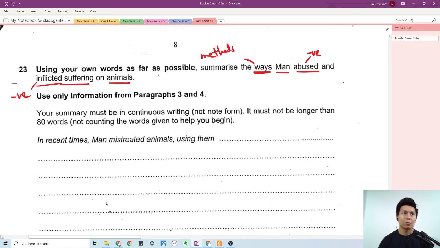But we know, later on when we are selecting points, we are looking at things that are negative. That's super important. We're looking at words that are negative. The ways, the methods itself, this word ways is a bit vague, so we're just gonna ignore this. But if we do see verbs, we might want to pay a bit of special attention to that.